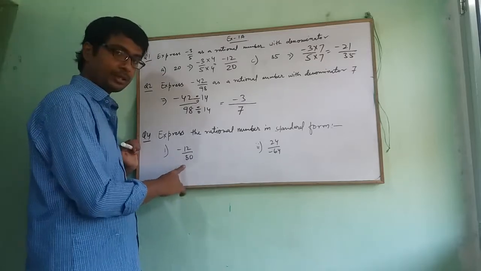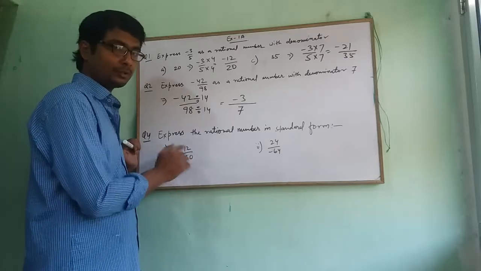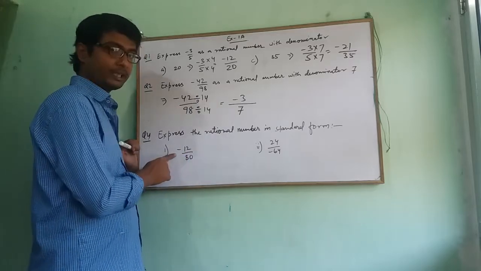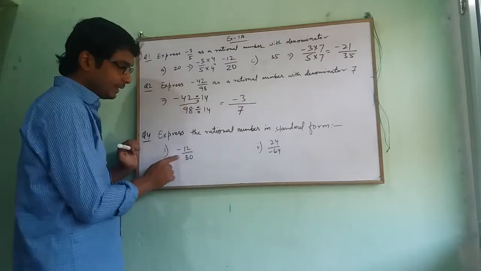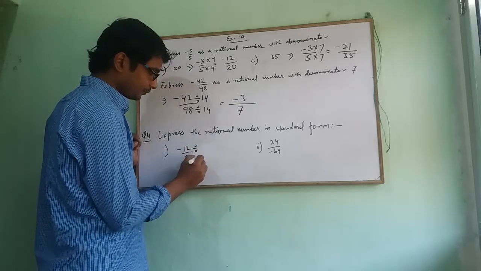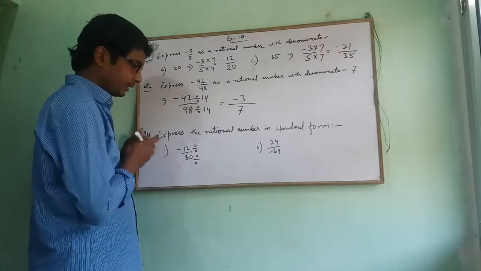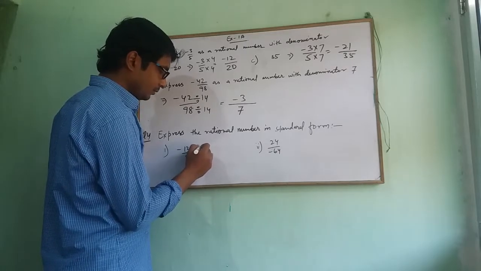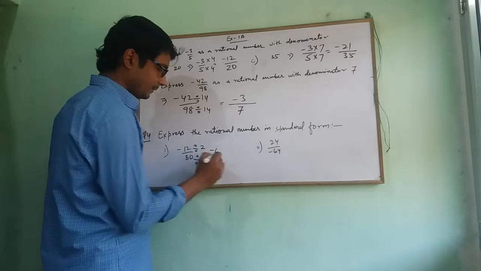So here in the first question you can see the denominator is positive. So no need to multiply minus 1 to the numerator and the denominator. I directly divide both the numerator and the denominator by a common multiple. If you divide both the numerator and the denominator by 2, you will get minus 6 by 15.